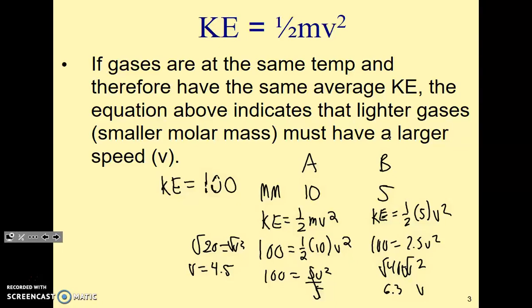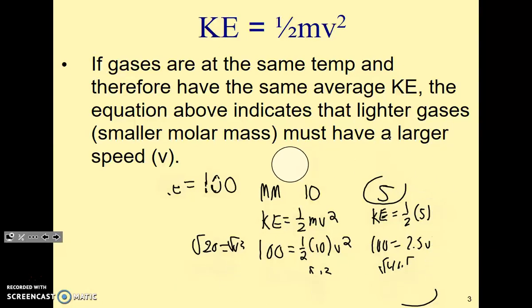Now notice that this is a lighter gas. Its molar mass is lighter, and its speed is faster. Do you need to be able to do that math? Absolutely not. In fact, I'm going to erase this now, because you're going to see what you need to remember in a second.